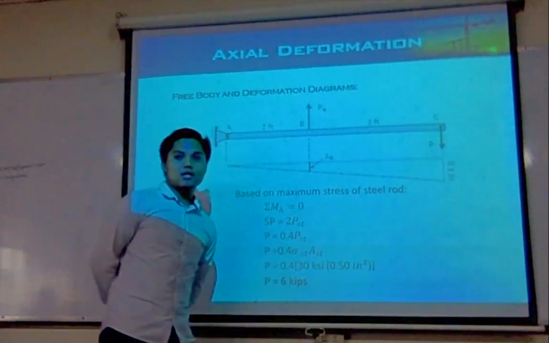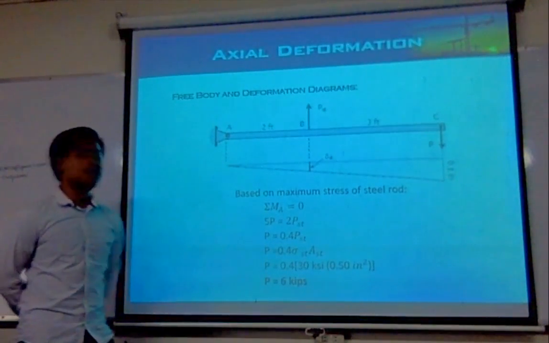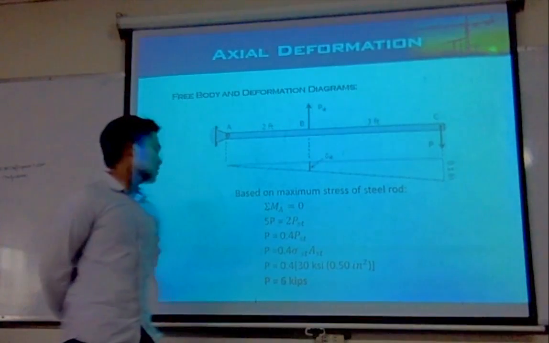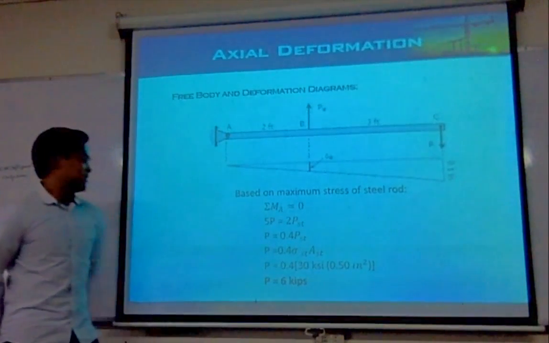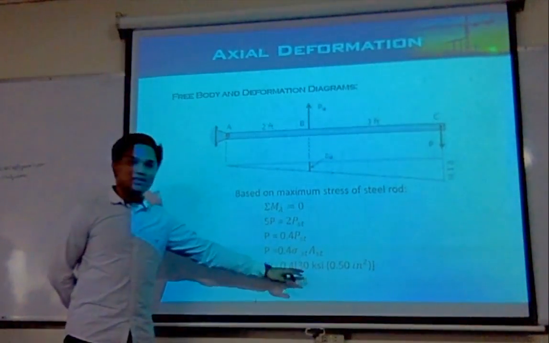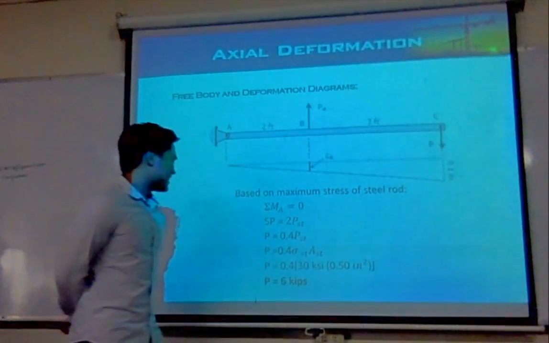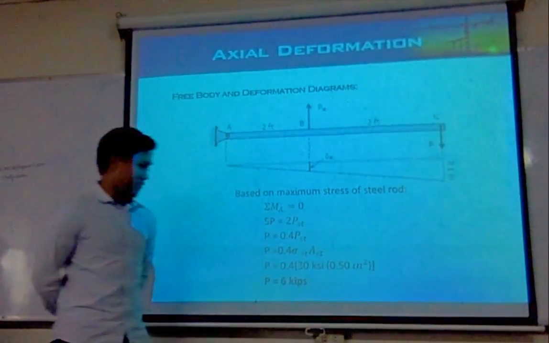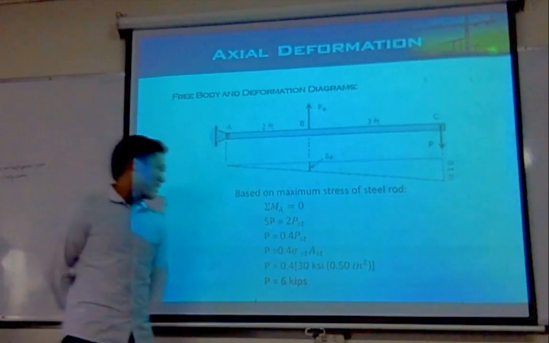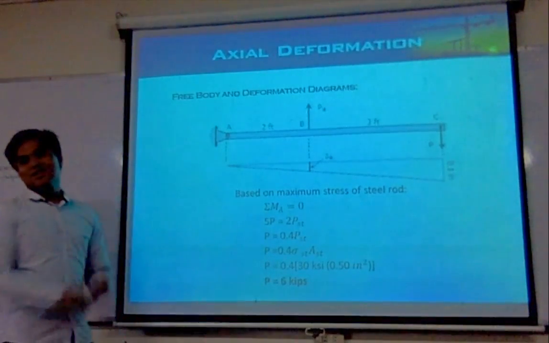We know that force is equal to stress times area, so substituting the formula, we get 0.4 times 30 ksi multiplied by 0.50 square inch, and we get 6 kips.